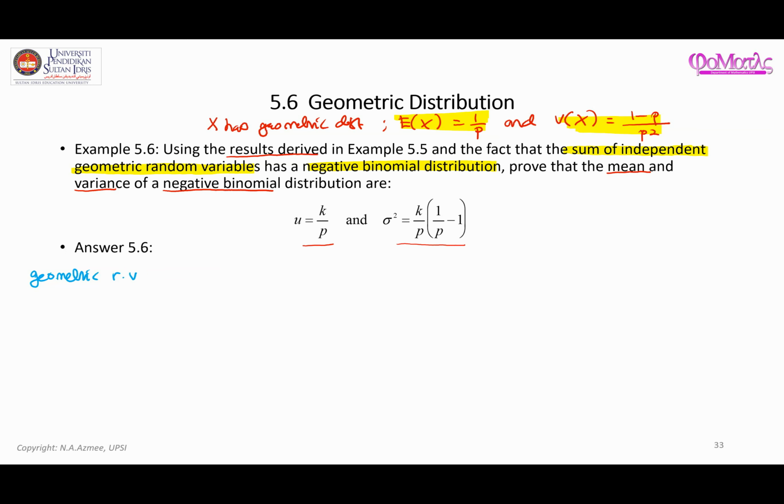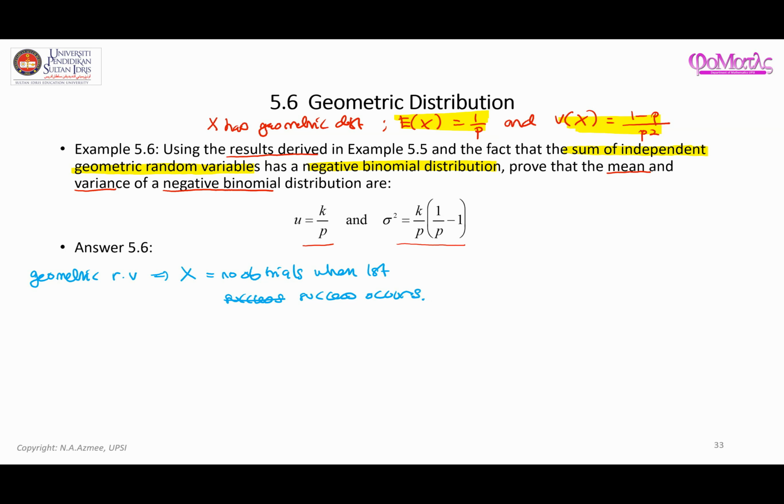I'm going to call it X. X here represents the number of trials when the first success is observed, that is, when the first success occurs.